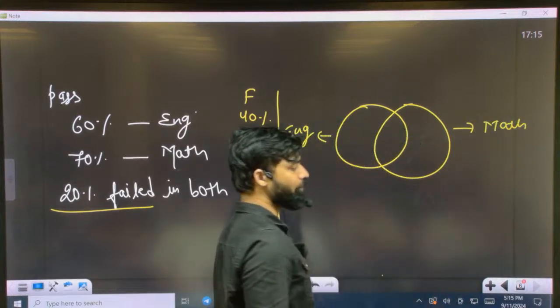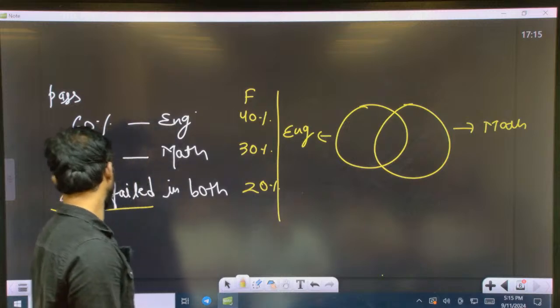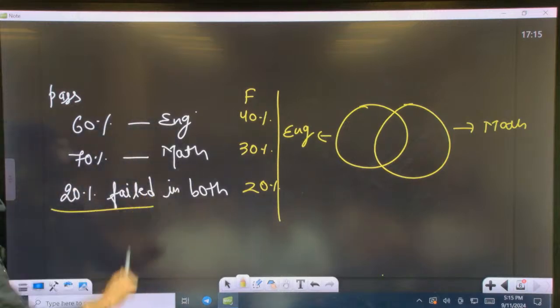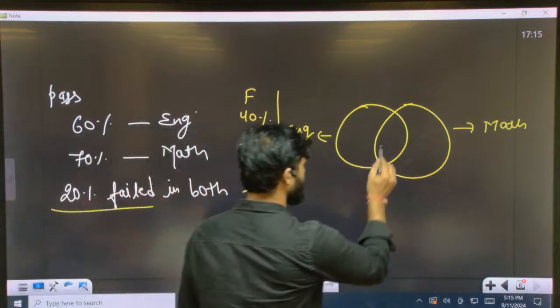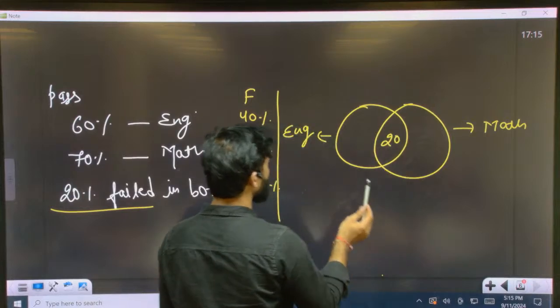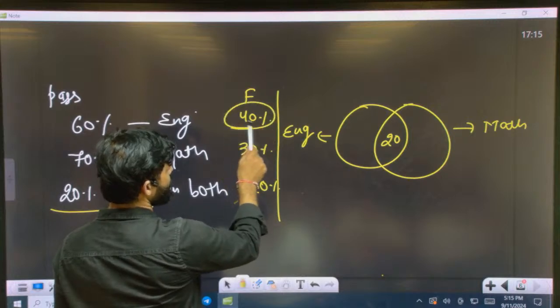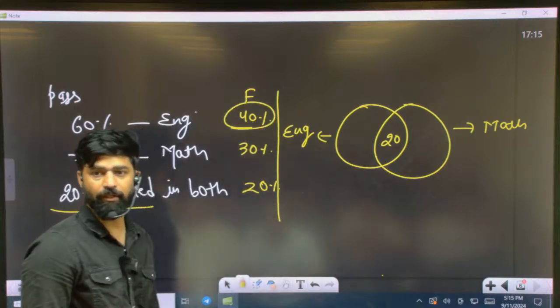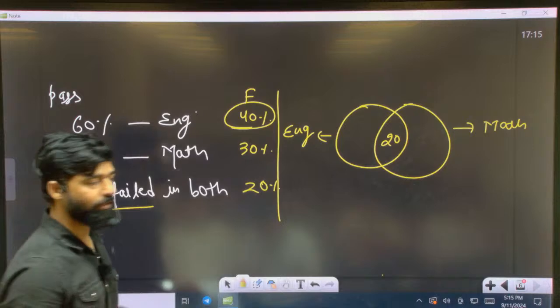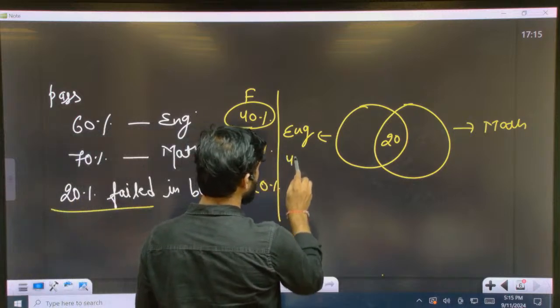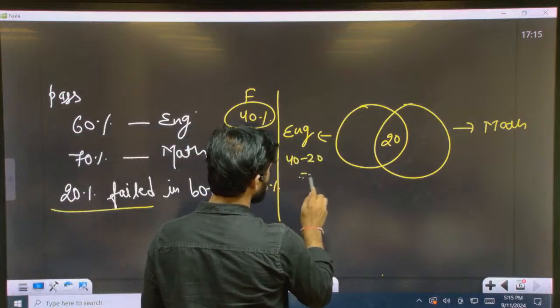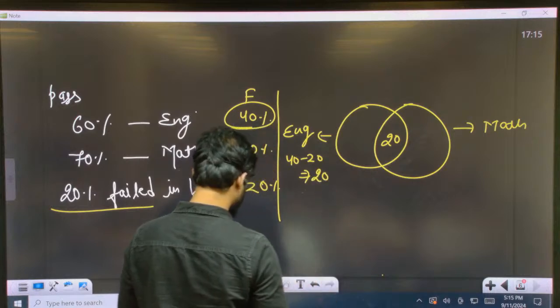In this, first of all, you have to fill the common part. In the common part, we have value 20. So let's take 20 first. Now come to English. How many were failed? 40. 20 are already sitting. So 40 minus 20 will give us 20. Let's take this 20 here.